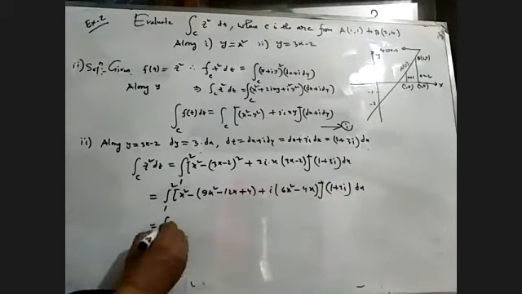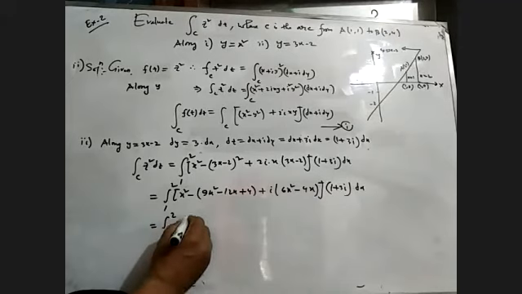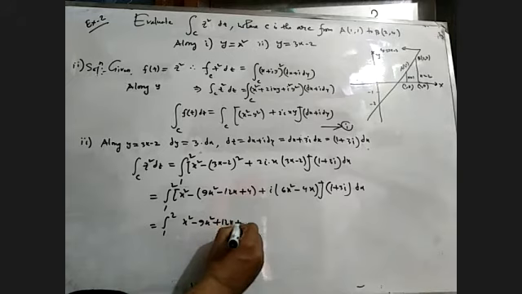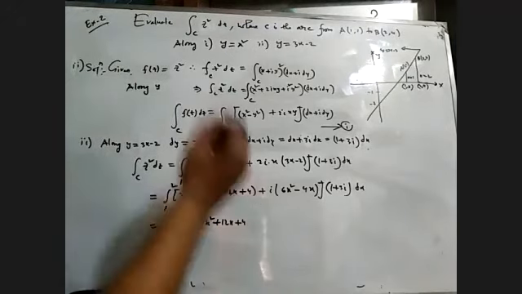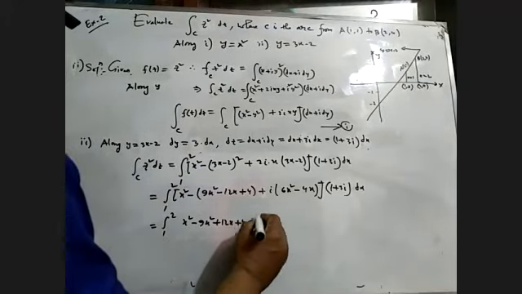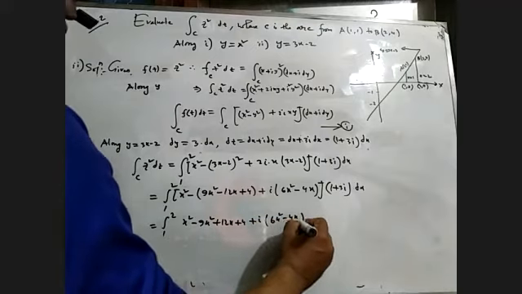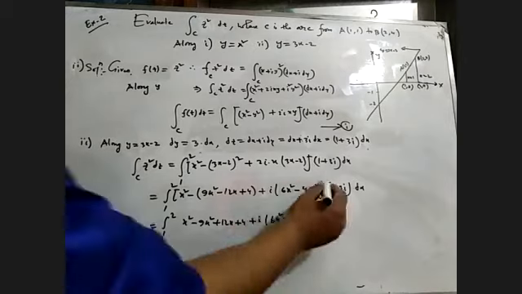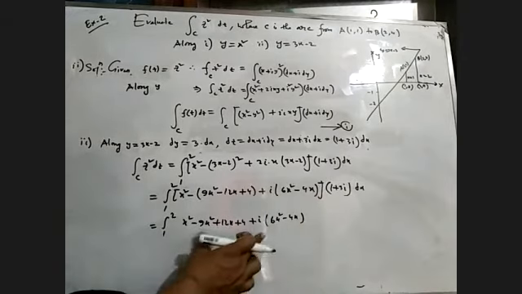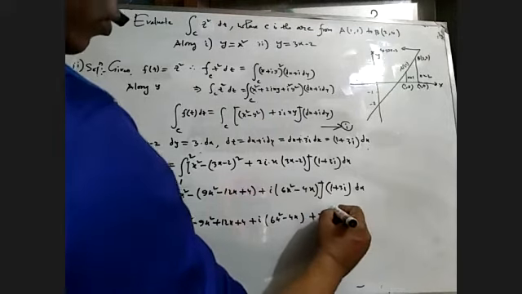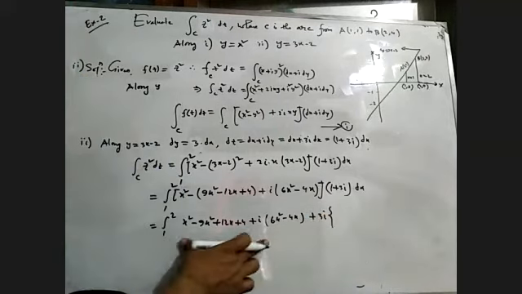So 1 to 2, minus 9x square plus 12x plus 4, plus i into 6x square minus 4x. 1 into this, okay, this plus thrice i into this full.